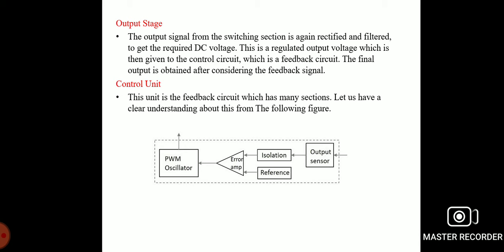In this figure, the inner part of the control unit, the output sensor sends the signal into the control unit. The signal is isolated from other sections so that any sudden spikes do not affect the circuitry.